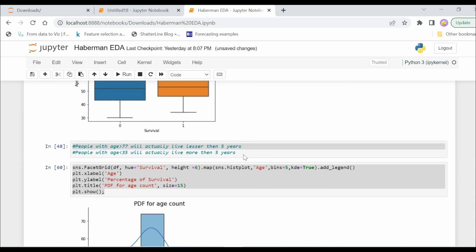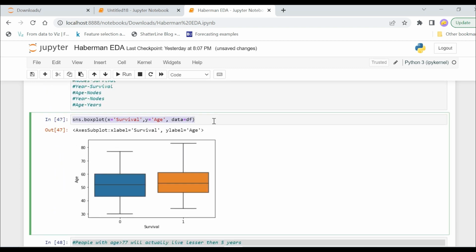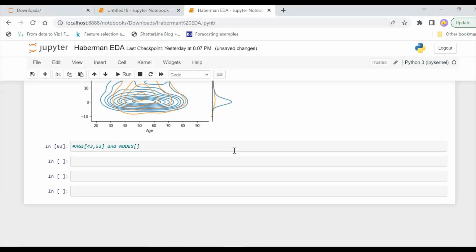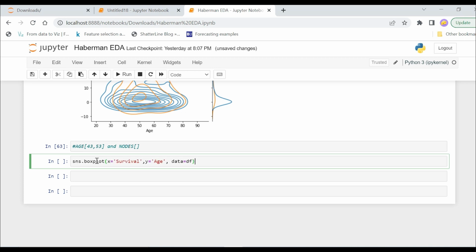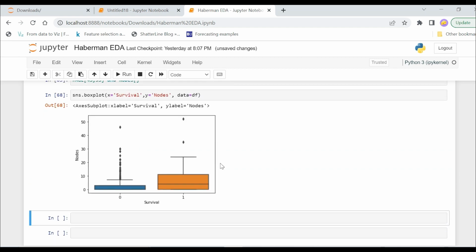Now I'm trying to understand the nodes as well. If I see the box plot for the nodes and survival, I can see here that this is a very good feature.